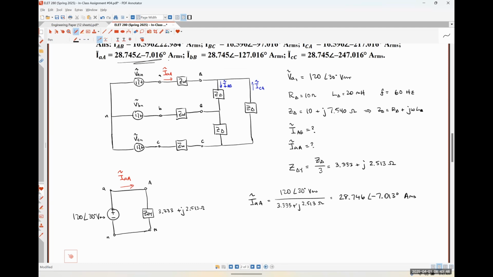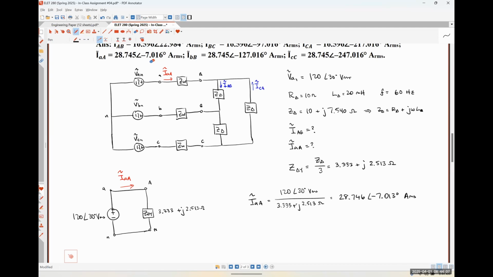So a little bit of rounding error, but I would consider those 2 things to be essentially the same, right? I'm off by a millivolt, and I'm off on my angle by 0.003 of a degree. So that's good enough for me.